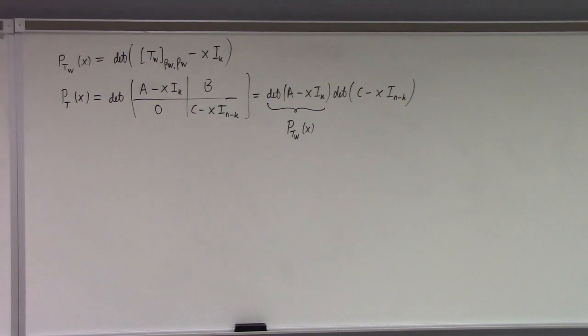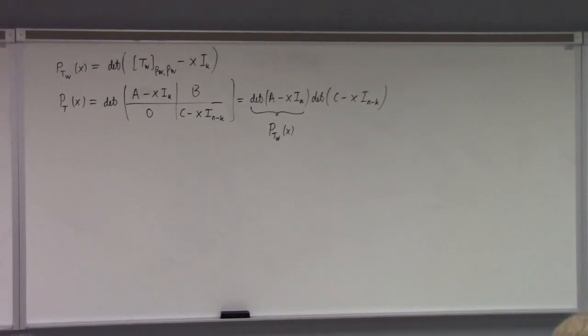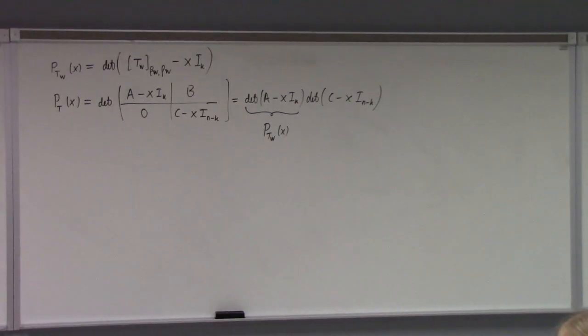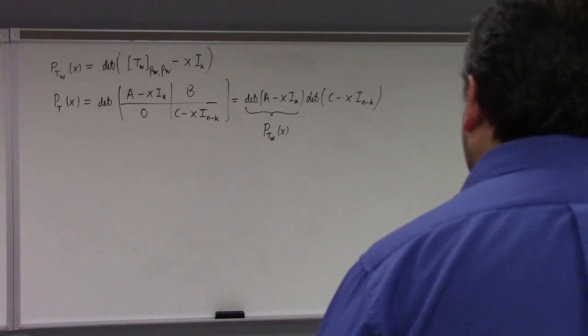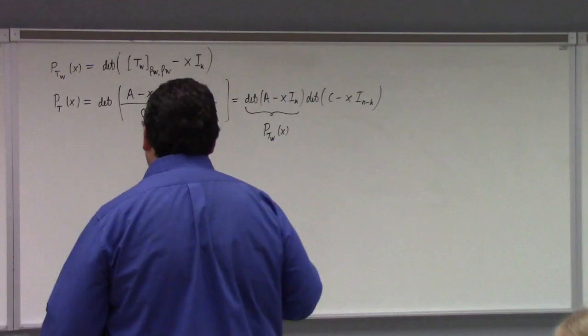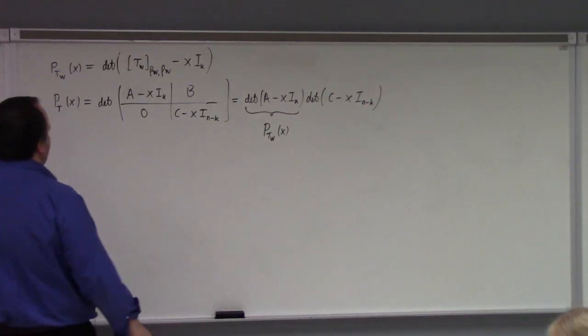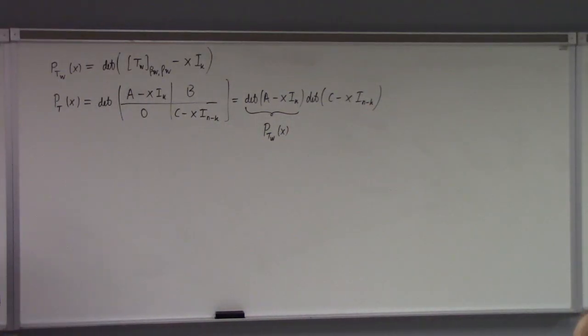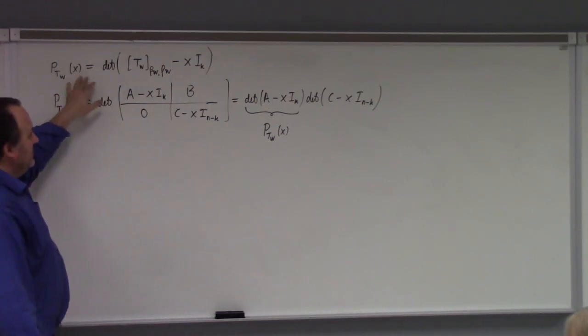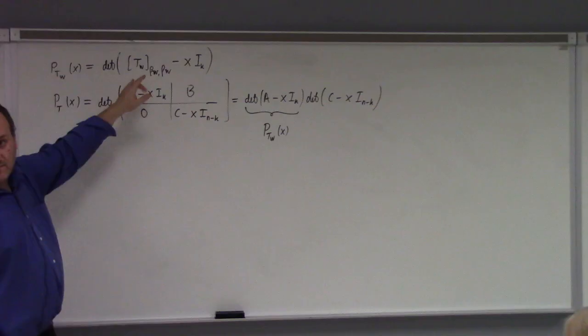Well, if we can't say it in words, I don't know what other choices we have. I can point. The top one? T sub W or just T? Oh, that's T sub W. I'm talking about the characteristic polynomial of T sub W. So I'm just looking at the matrix of T sub W, like that.